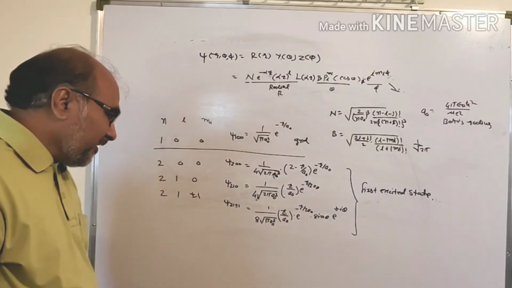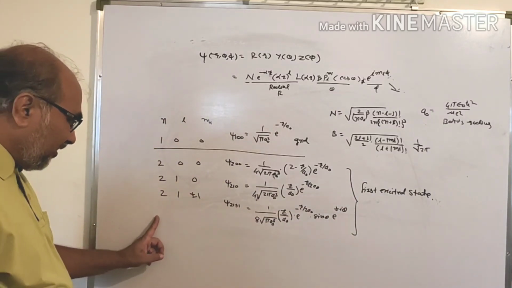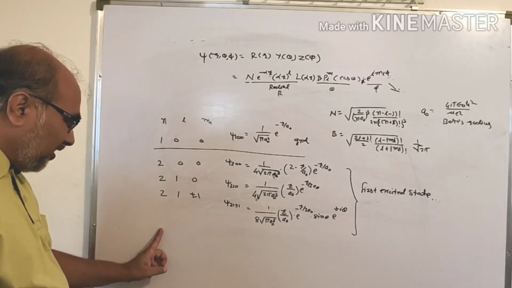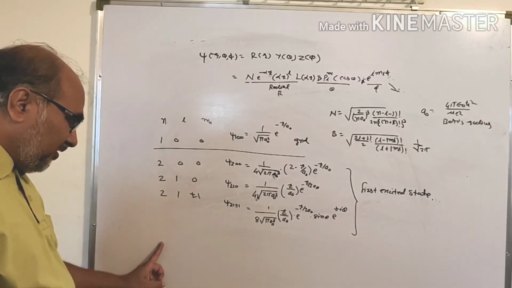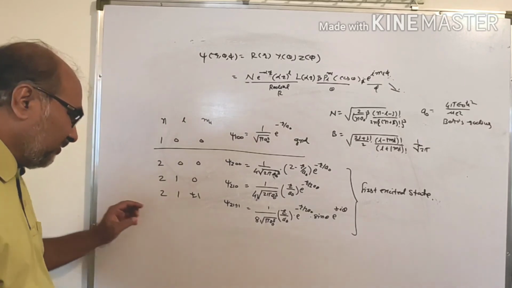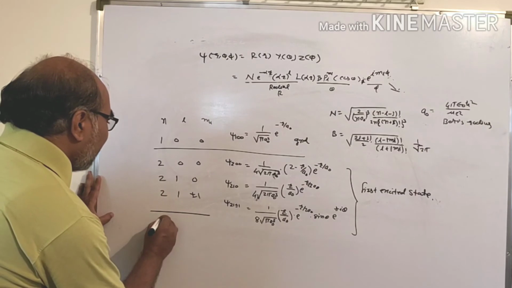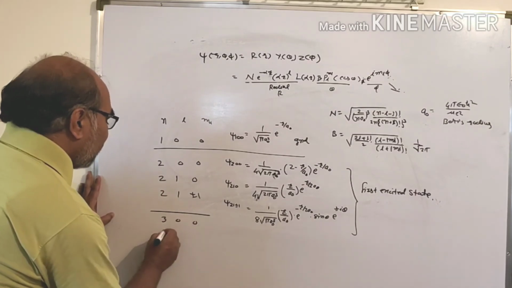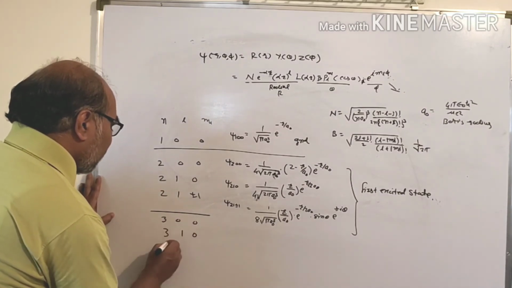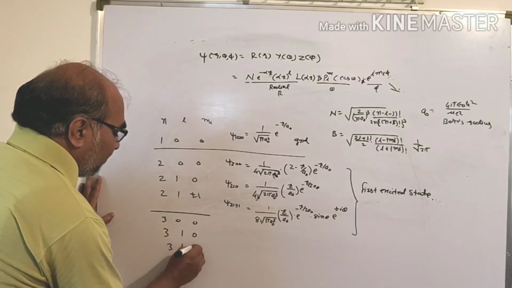In the next excited state, what happens? 3 0 0, 3 1 0, 3 1 plus minus 1. So the second excited state is 3 0 0, 3 1 0 and 3 1 plus minus 1.